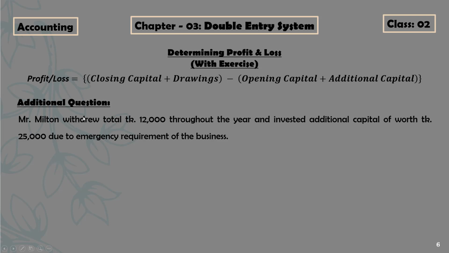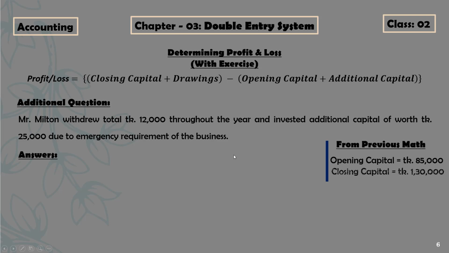This is the additional information in connection to the previous example. Mr. Milton withdrew taka 12,000 throughout the year and invested additional capital of taka 25,000 due to an emergency requirement of the business. We need to recall the information from the previous math: the opening capital and closing capital.